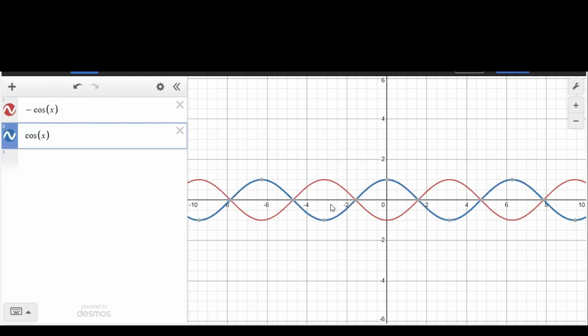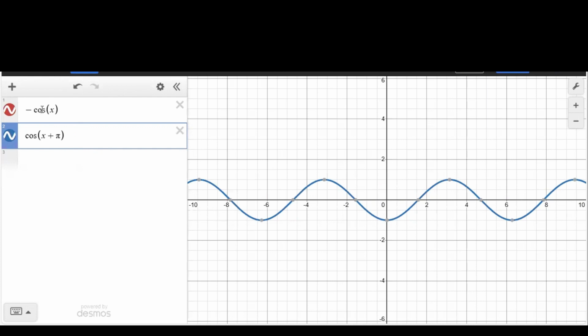Clearly we're seeing that the lines don't overlap, so it's not the same. To get it to be the same, we need to add pi. If you add pi to the cos, it will be the same as minus cos x. Or I believe you can minus. Yeah, you can either minus or add it, and it will be the same.